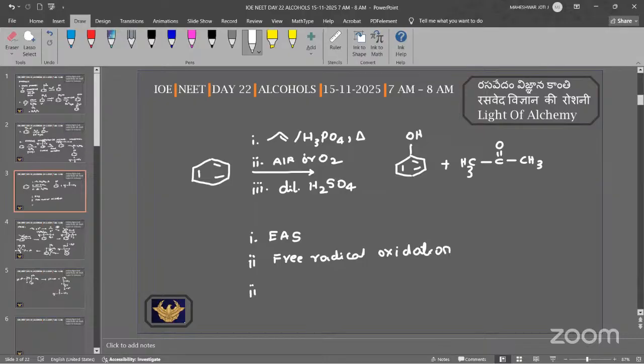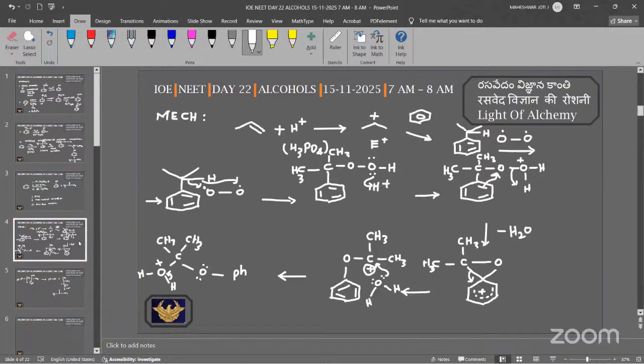Now the third one is protonation, that is an acid base reaction, Lewis acid base reaction, right? After the Lewis acid base reaction, the remaining are rearrangement reactions, right? Clear?